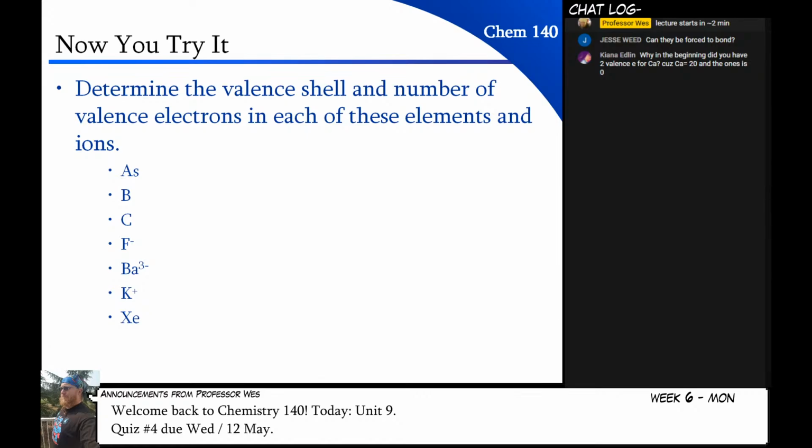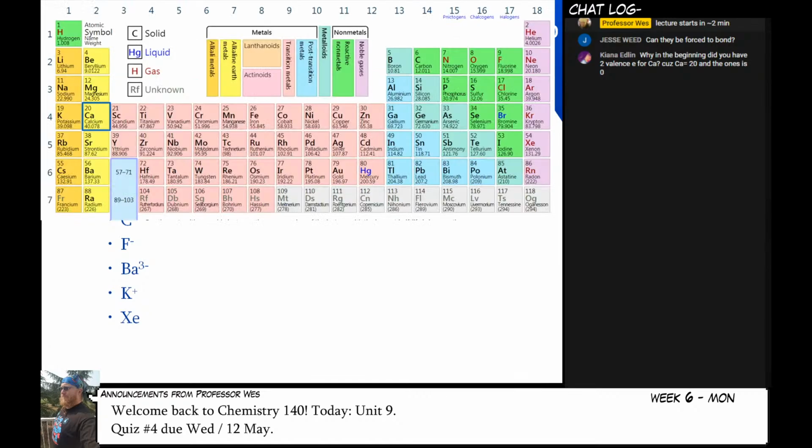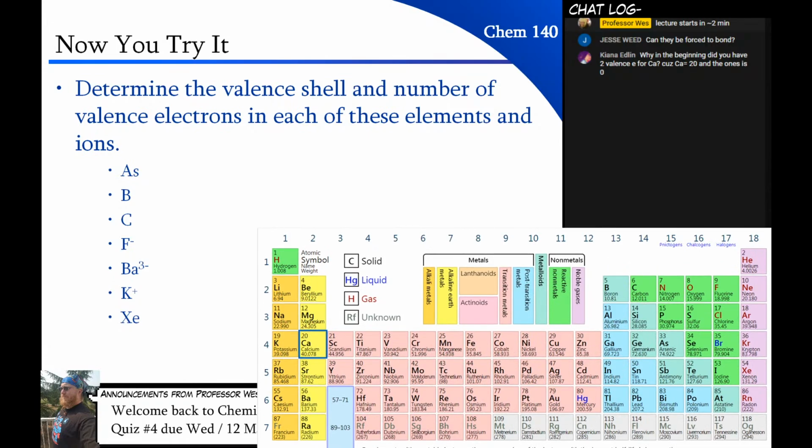All right, let's go over the answers here. So, again, we'll get the periodic table out. We want to look at the period number, which will tell us the valence shell, and then the group number, the ones digit, will tell us the number of valence electrons.